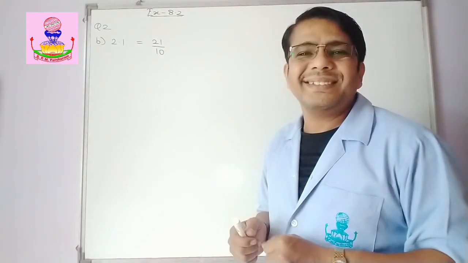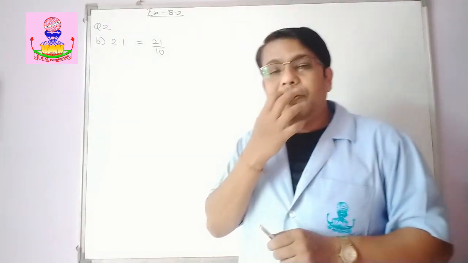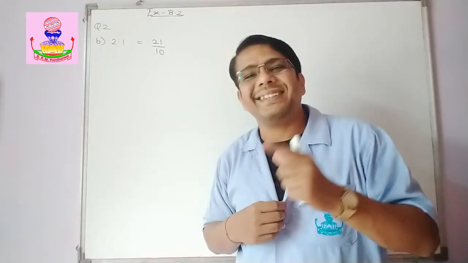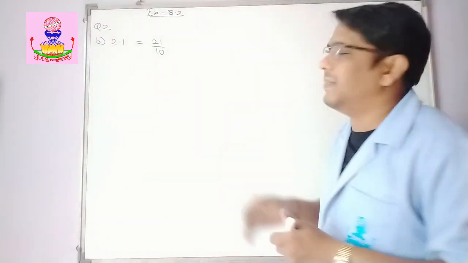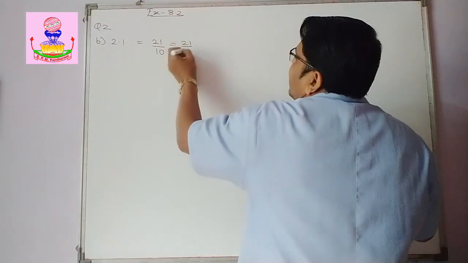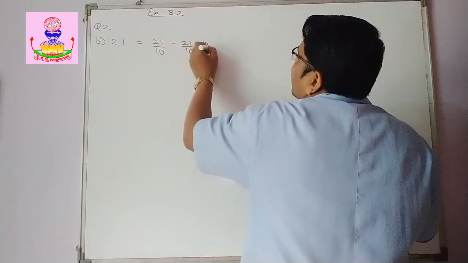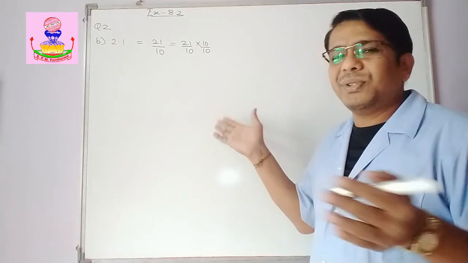Only 1. So remove the decimal point and write 10 in the denominator. Right. Now I know 100 is a multiple of 10. 10, how many is 100? 10 tens are. So you can multiply and divide the denominator by 10. Okay. So I can write this now as 21 upon 10 into 10 upon 10.